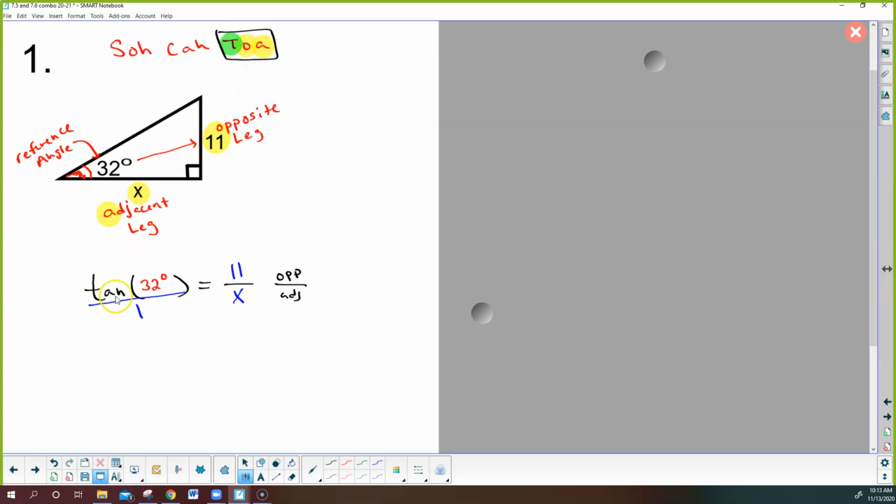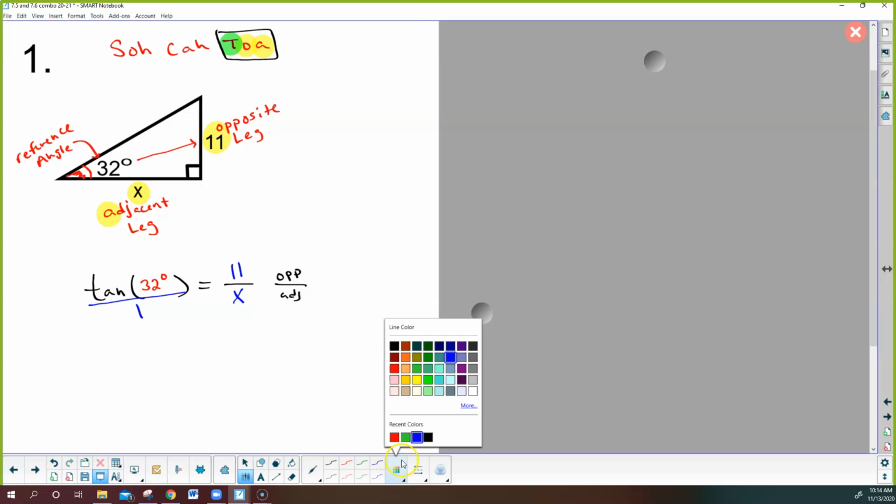So then I write tangent of the reference angle, 32 degrees, is equal to the ratio of the opposite over the adjacent, so 11 over x. But then I realized I have a fraction equaling a fraction. So I'm going to have to cross multiply here to solve.